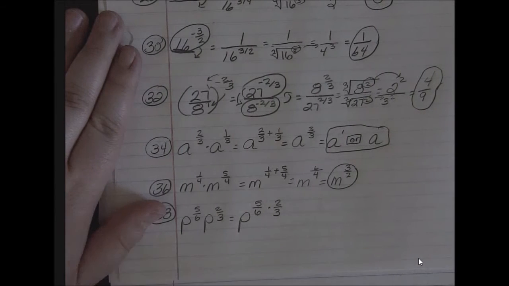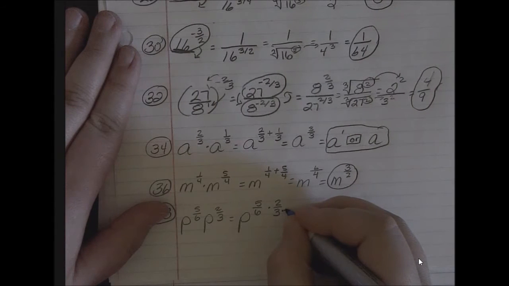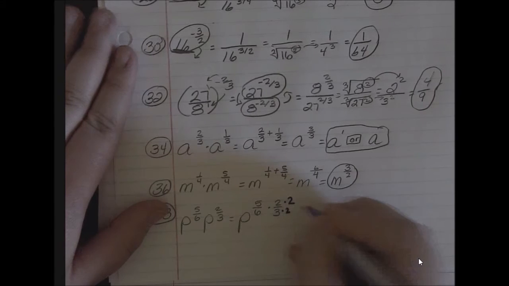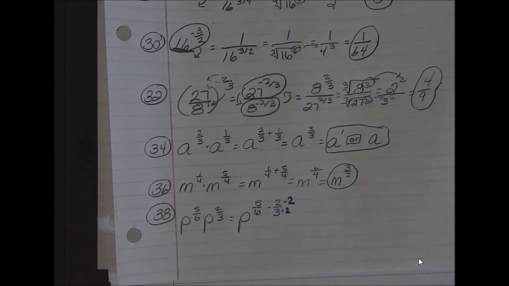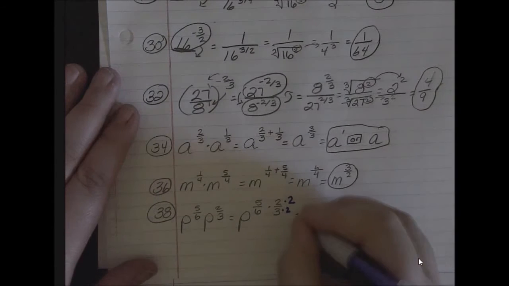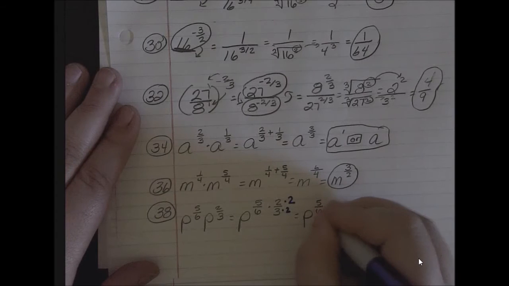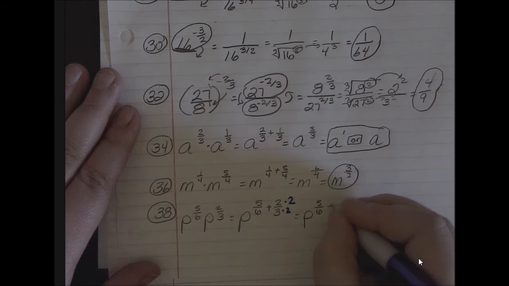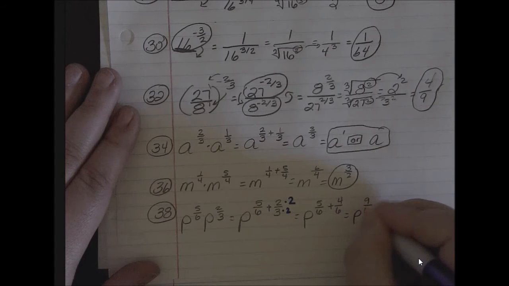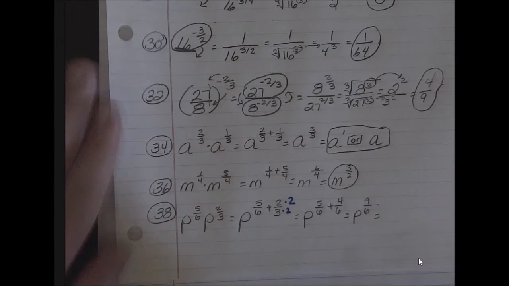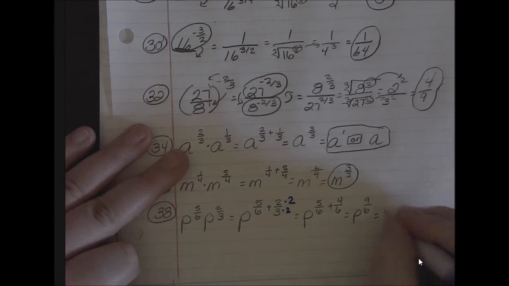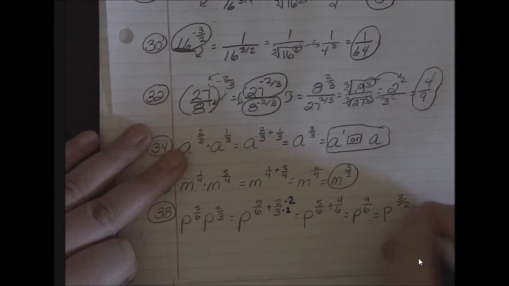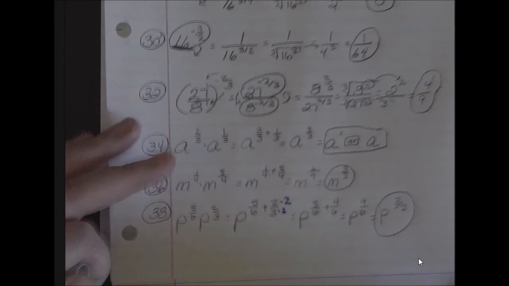So I'm going to multiply this 3 by 2, and remember, what you do to the numerator, you must do to the denominator. That gives me p to the 5 over 6, oops, that's supposed to be a plus, guys. Sorry about that. P to the 5 over 6 plus 4 over 6, which is p to the 9 over 6, which is p to the 3/2.